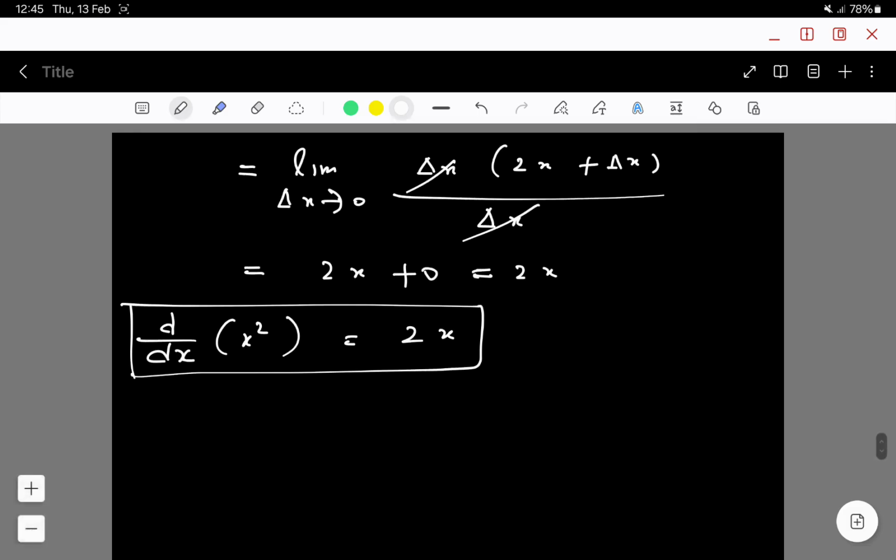Next, to find the derivative of the function f of x equals sin x.